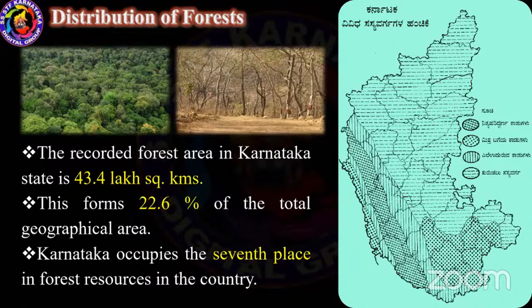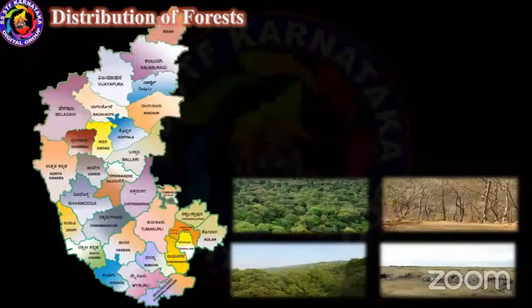Northeastern states and central Madhya Pradesh have more forest areas, and Kerala also. Among the 28 states, Karnataka is the 7th largest state in India which has forest region.